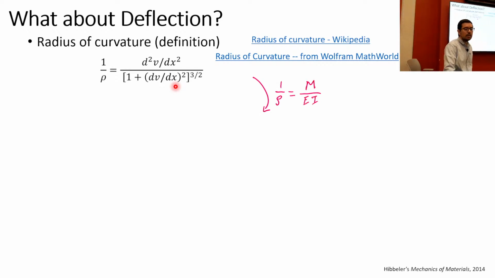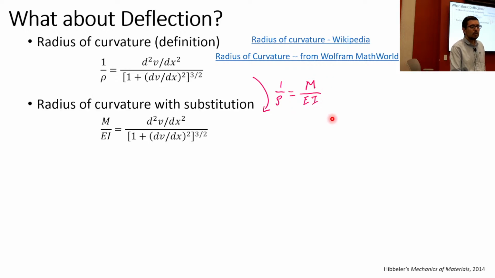Now, we have 1 over rho is equal to M over EI. So what you're seeing is, wait a second, I need v here, not u. I need little v. And I now have a relationship for curvature, 1 over rho, related to M over EI. So we can equate them, but now I've got this nastiness.